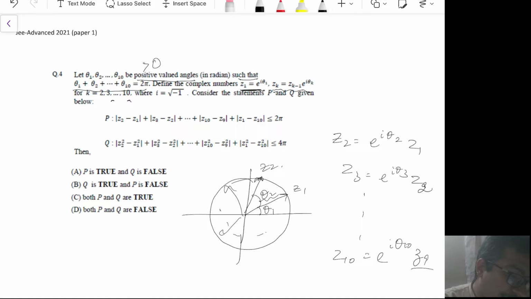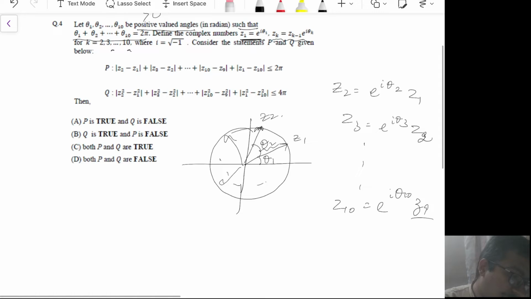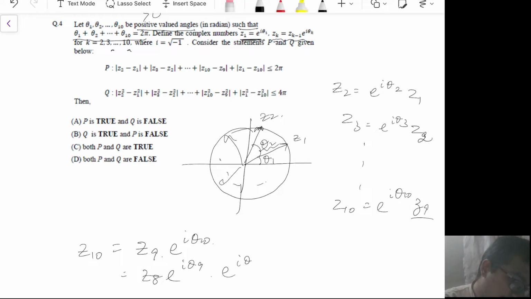And finally I have that z10 is e to the power theta 10 times z9, right? So essentially if you see, my z10 is going to be z9 times e to the power theta 10, which equals z8 times e to the power theta 9 times e to the power theta 10, right?